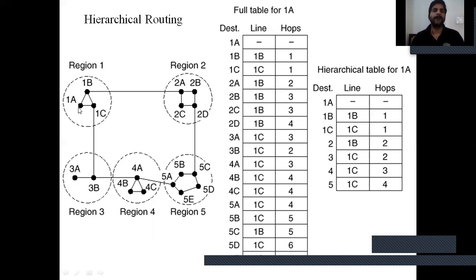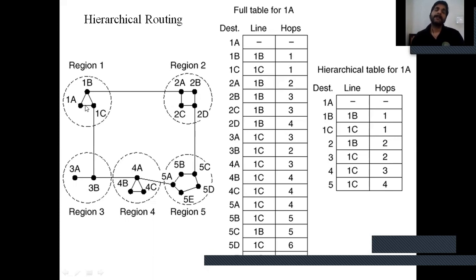If we travel from 1A to 1B, the path is calculated: only one node is covered. So for destination 1B, the line used is 1B and hop is equal to 1. Similarly, if we travel from 1A to 1C, the line used is 1C and hop is equal to 1.